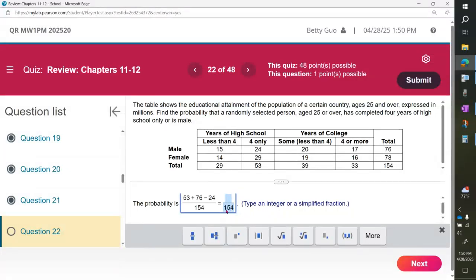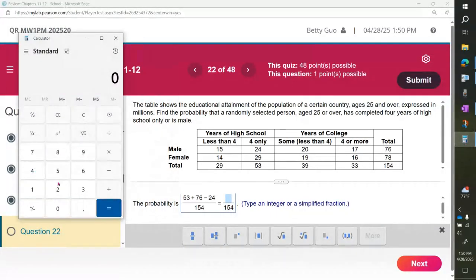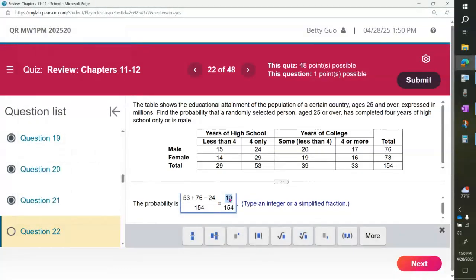Denominator is 154. Numerator 53 plus 76 minus 24, 105. Okay. And we're going to use the TI-84 calculator to simplify.